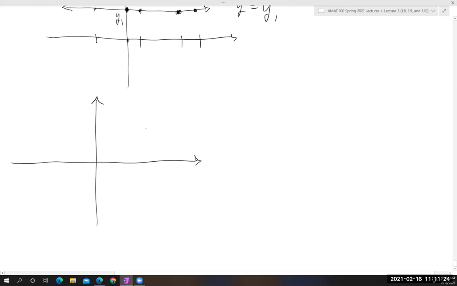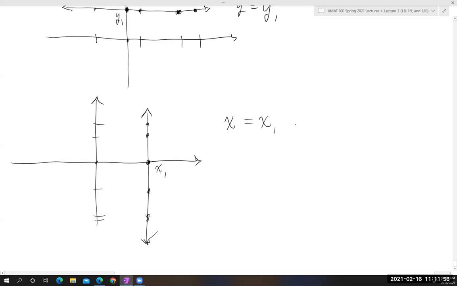If you have a vertical line, suppose this vertical line goes through here at x sub 1. If you take any point along this line, the y coordinate is changing, but the x coordinate is not. So y is in some sense free to be whatever number you want, but x has to be x1, always.